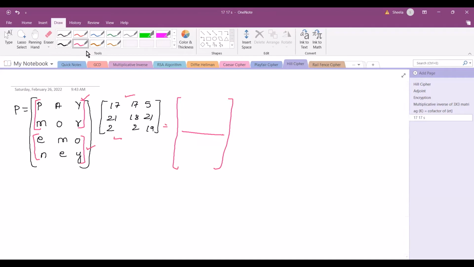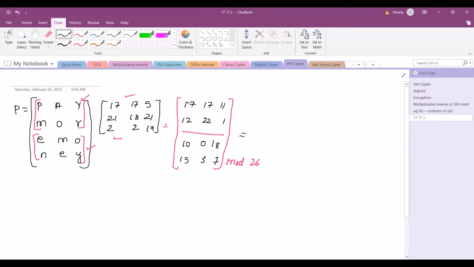So if we perform this matrix multiplication and take mod 26, we will get the corresponding ciphertext as 17, 17, 11, 12, 22, 1, and then 10, 0, 18, and 15, 3, 7.